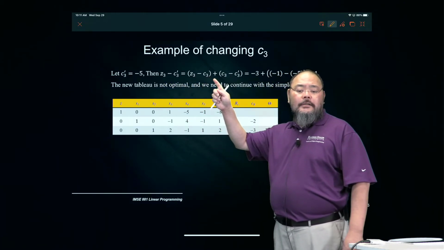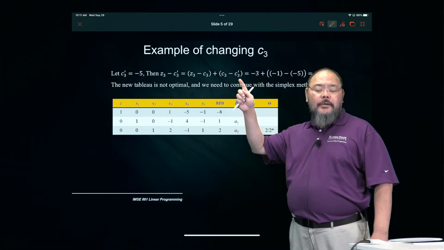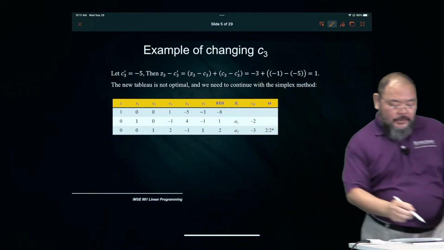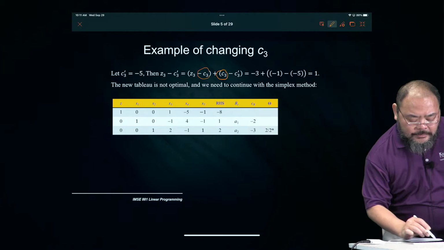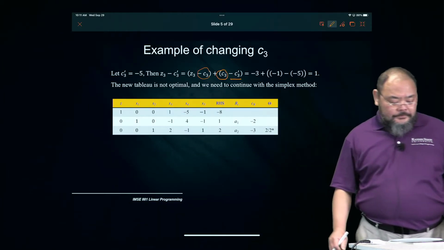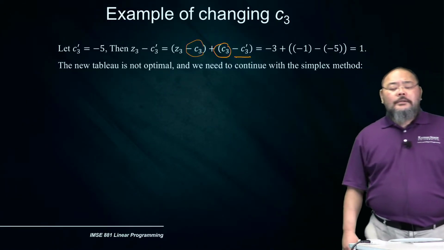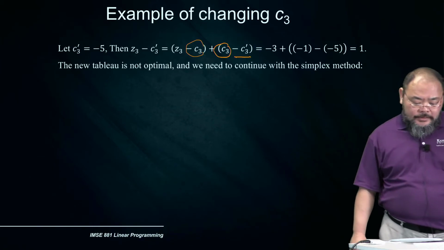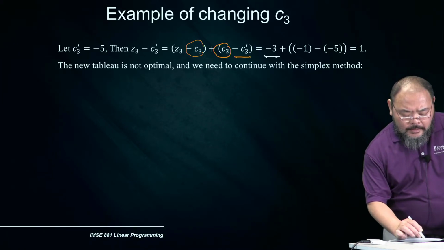We recalculate Z3 minus C3 plus C3 minus C3 prime. Here we subtract C3, and here we add C3 prime. So it goes from negative 3 plus negative 1 minus negative 5, which equals 1.